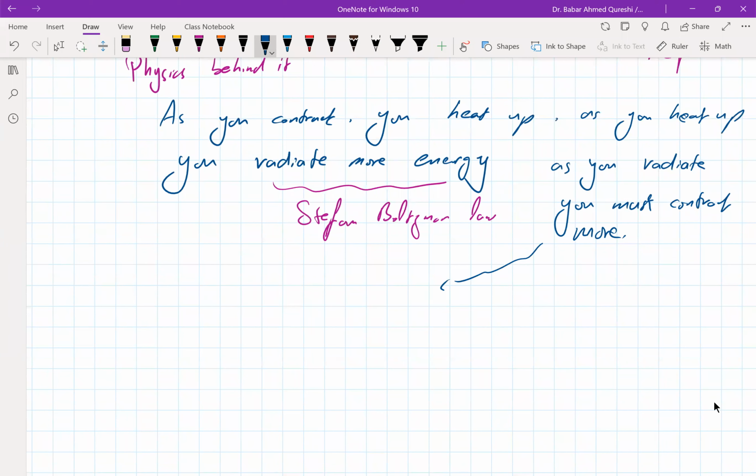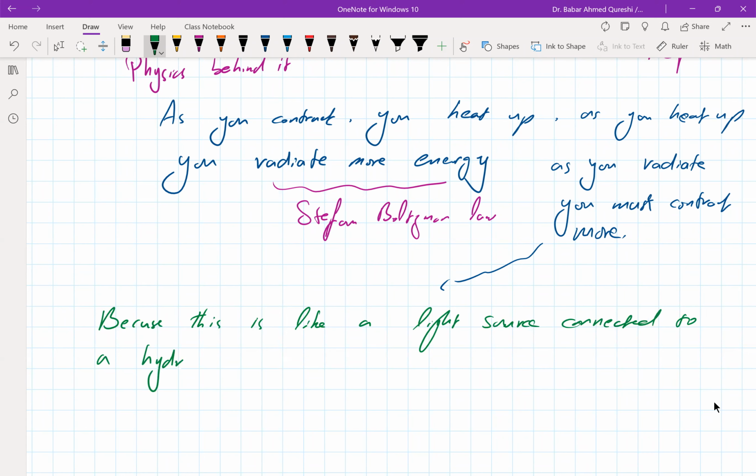Because this is like a light source connected to a hydropower dam. As you heat up, you have to give off light.